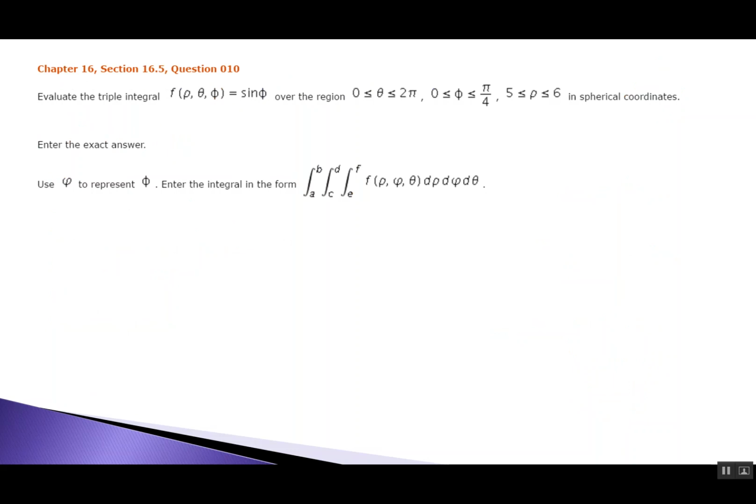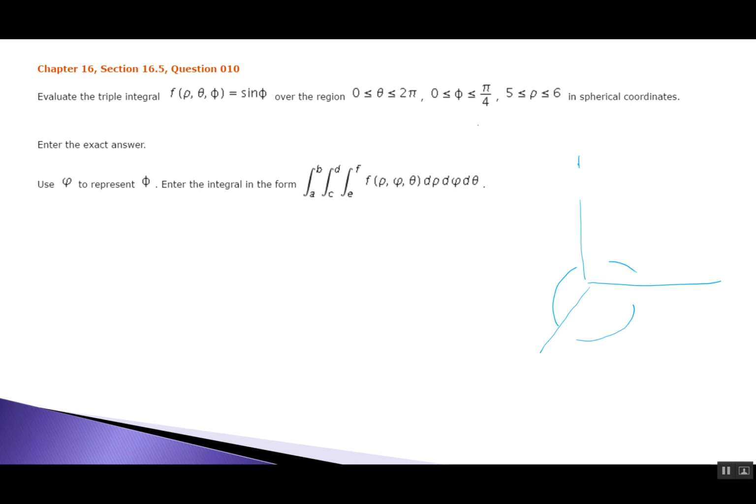So we want to evaluate a triple integral of sine phi, that's my function, over the region 0 less than theta less than or equal to 2 pi, 0 less than phi less than pi over 4, and rho is between 5 and 6 in spherical coordinates. It's not asking us to do this, but I'm going to draw a picture of this. My theta is between 0 and 2 pi, so this thing is going to go all the way around.